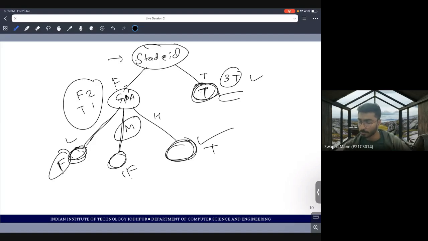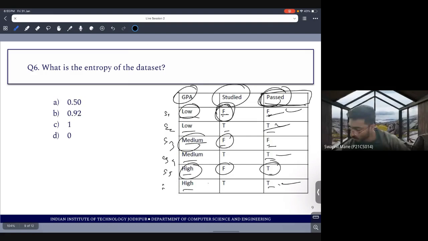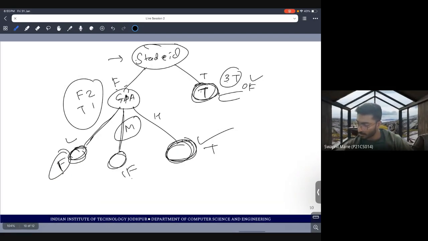Consider pure: here three passed and zero fail, zero failed candidates, right? In this node, the GPA is high. There are two passed students and zero failed students. So this is also a pure node. We call it a pure node when the node is categorizing only a single value.